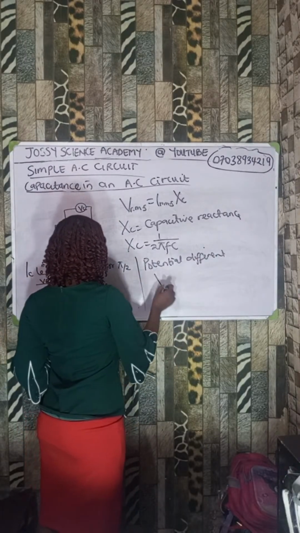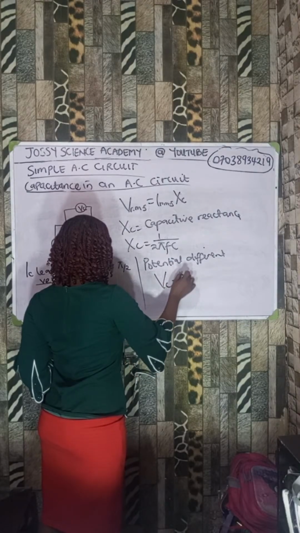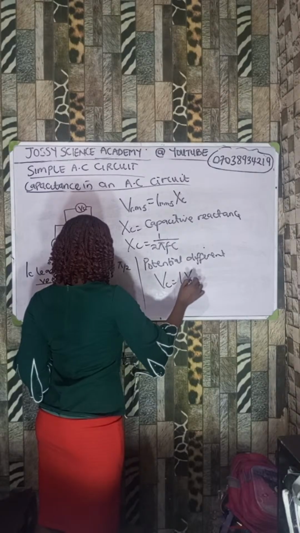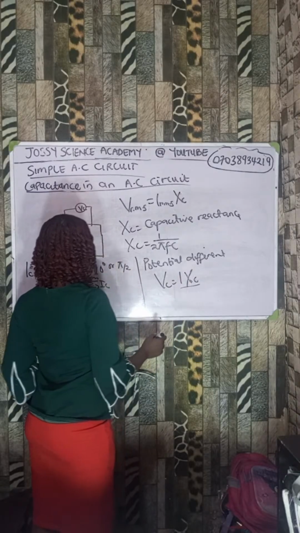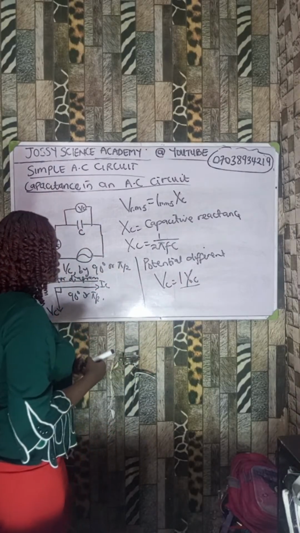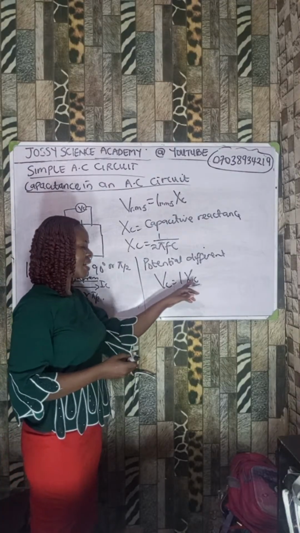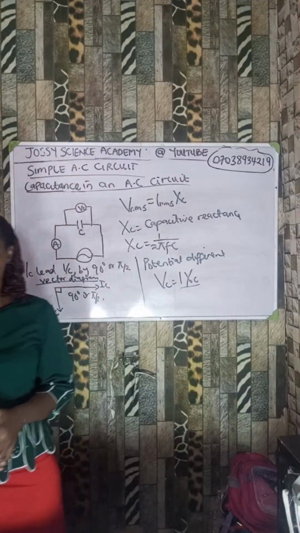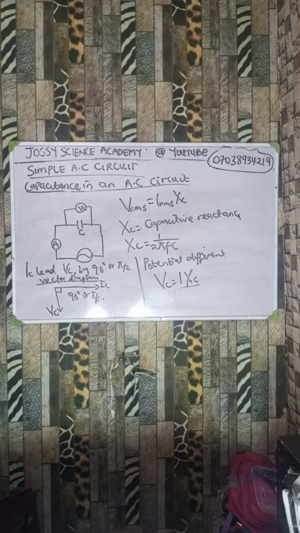That is VC equal to I XC. What is I? Current. And what is XC? Capacitive reactance, guys. Capacitive reactance. Please, are we following? Faye, are you here? Is it clear?